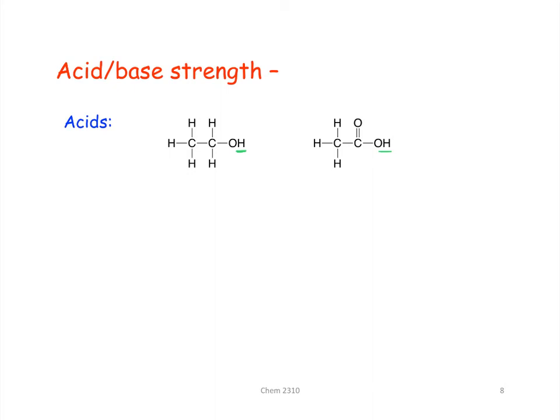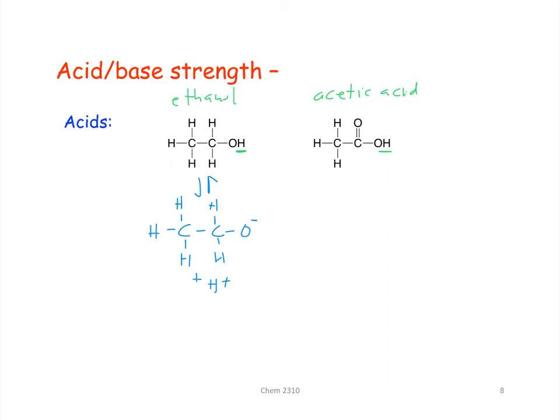All right, so let's go ahead and draw out the conjugate bases. O minus, and, okay, plus H plus. And over here, okay, so this is ethanol. This one we've already seen, as well as acetic acid.